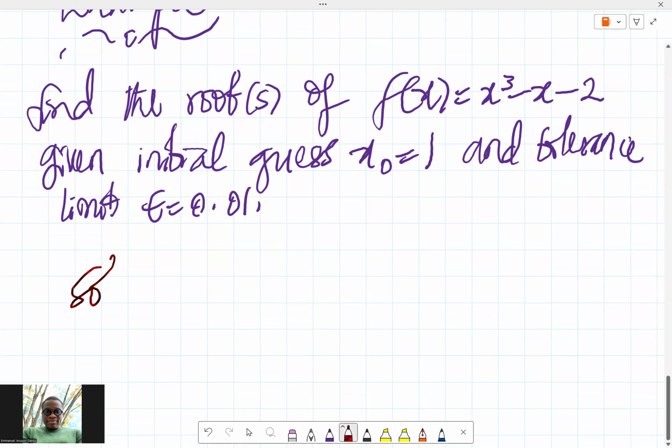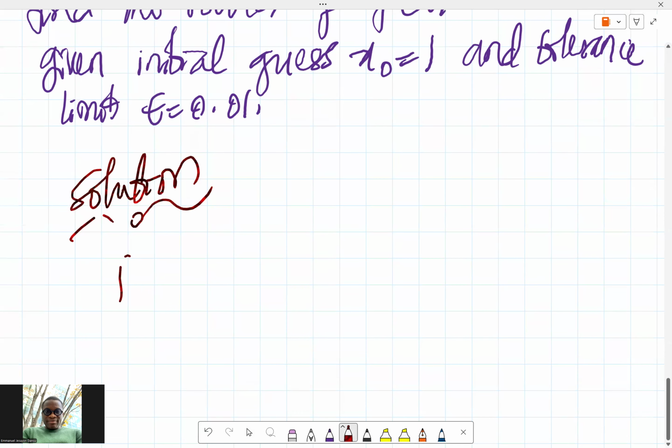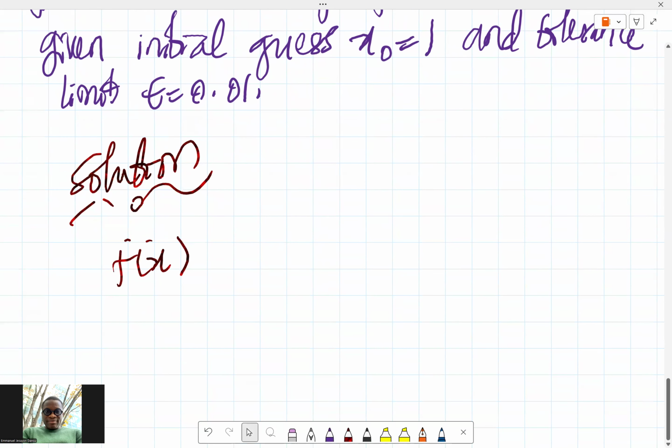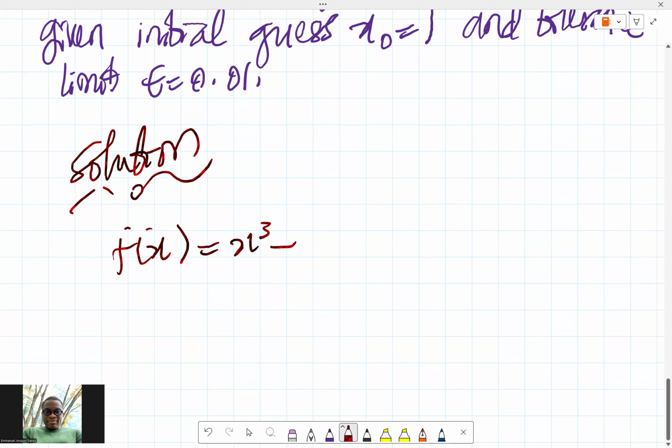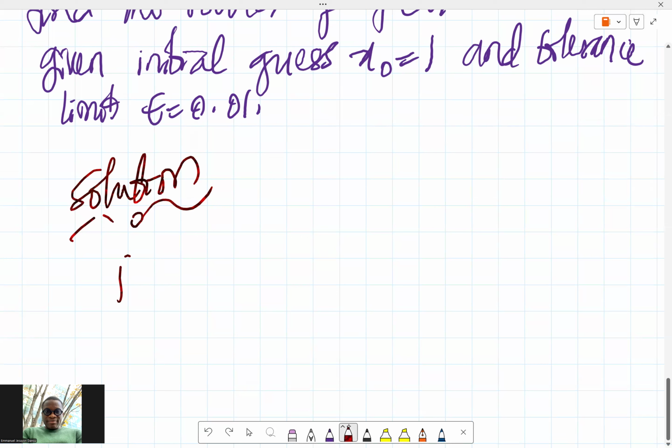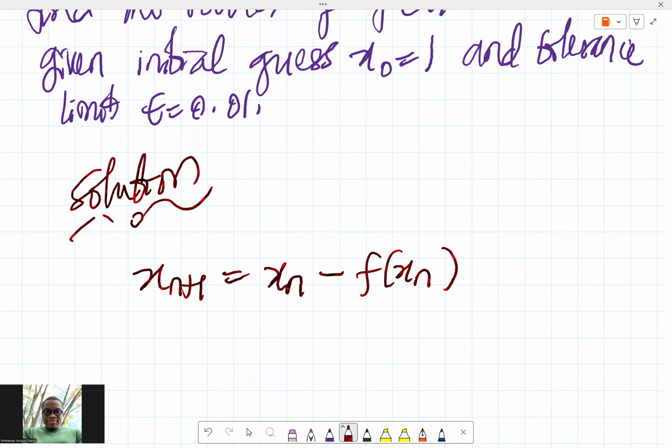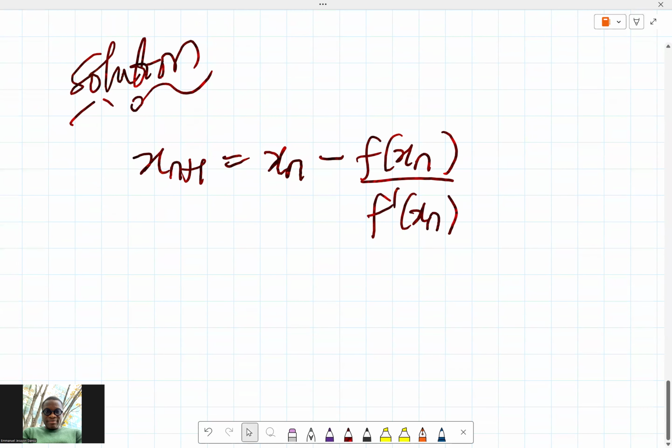So let's go for the solution. Again, we outline what we have. Let me start with the formula: xn plus 1 is equal to xn minus f of xn divided by f prime of xn, so we need the derivative at every point.